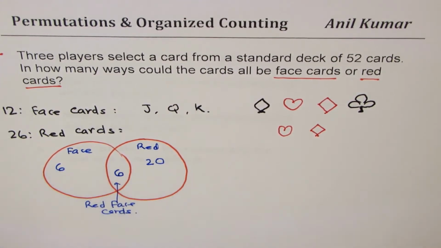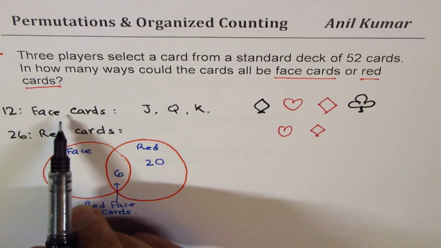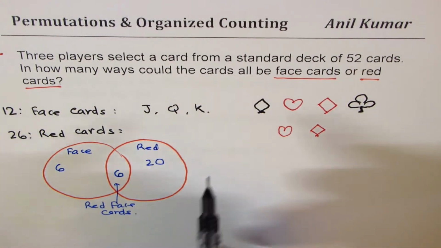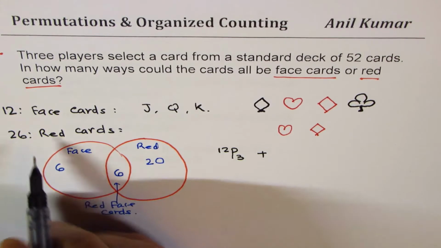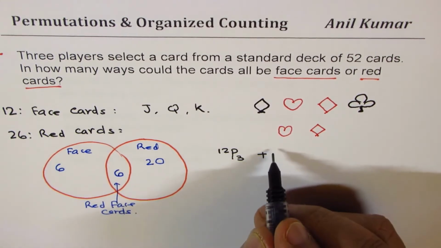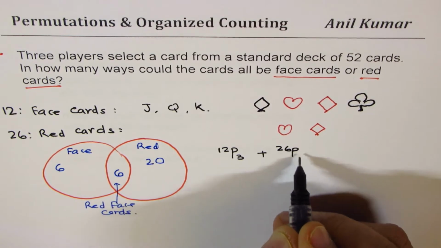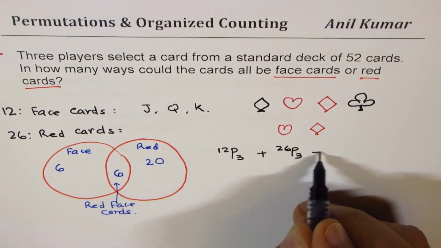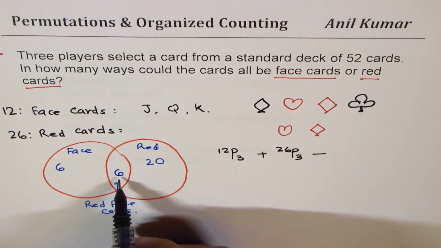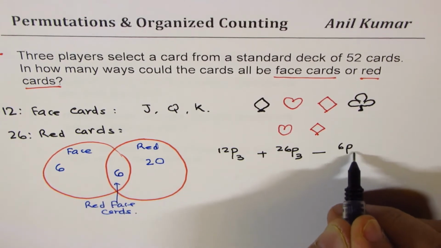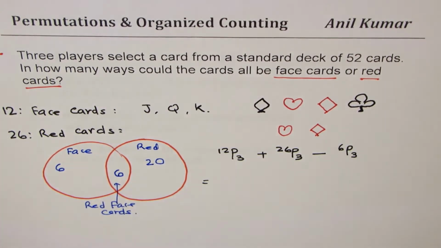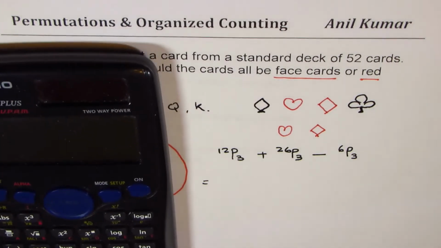Normally we find the combinations of 12 face cards distributing 3 at a time, that is 12P3, plus 26 red cards distributing 3, which gives 26P3. But we have to exclude the ones counted twice, 6P3. So that is your answer. It is the principle of inclusion and exclusion.